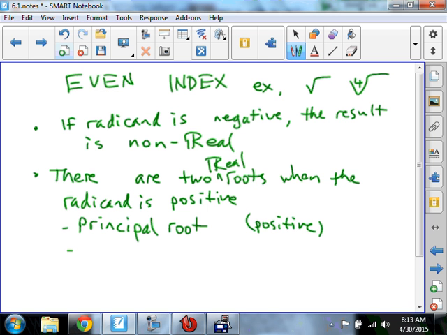The other one, some people call it the secondary root, or the non-principal root. I'll just say the other one. And this is the negative one. I haven't seen any clear indication as to whether it's called the second root or the non-principal root, but it's the one that is negative.